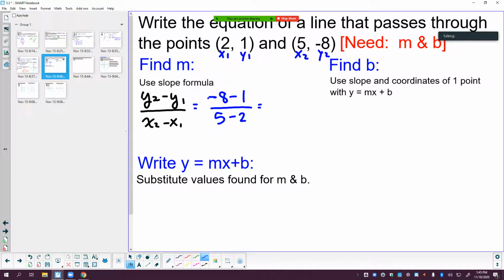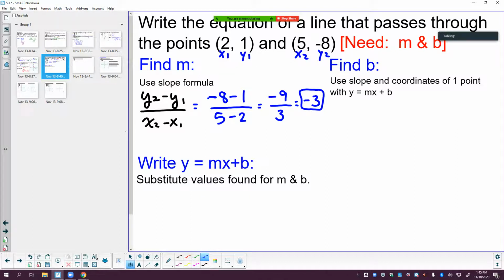Negative 8 minus 1 is negative 9, and 5 minus 2 is positive 3. Anytime we can reduce or simplify, we need to make sure we take care of that. Negative 9 over positive 3 simplifies to negative 3. So m in this case is negative 3.